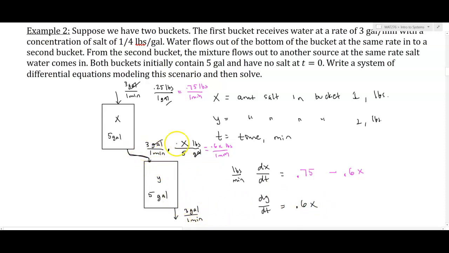And here I have to do the same analysis I did up here. That should be pretty straightforward for us to write. That's going to be y pounds. So what's coming out of bucket 2 is there are y pounds mixed evenly throughout 5 gallons, which will, again, in this case, give us 0.6y. So this equals 0.6y pounds per minute.